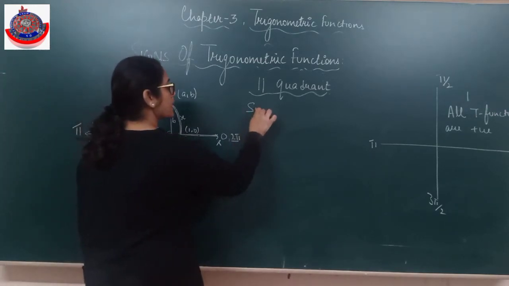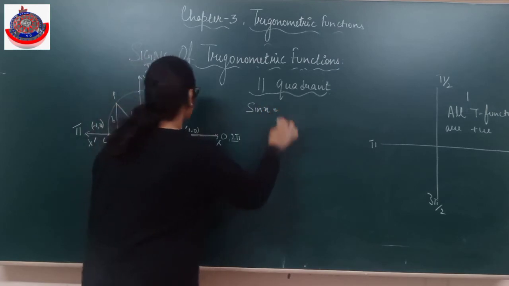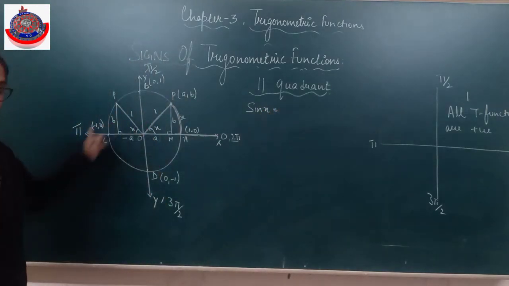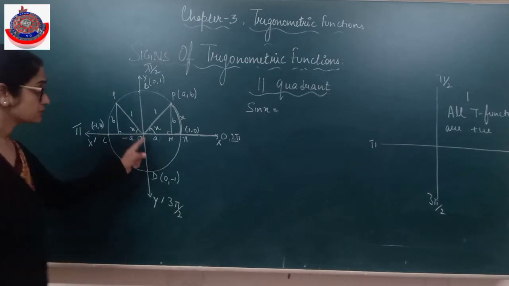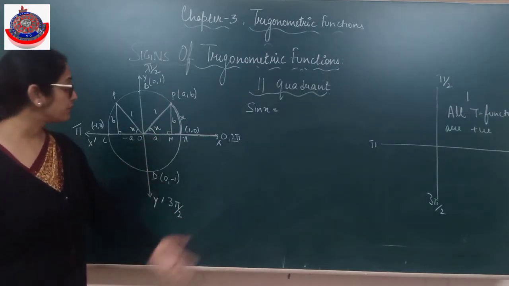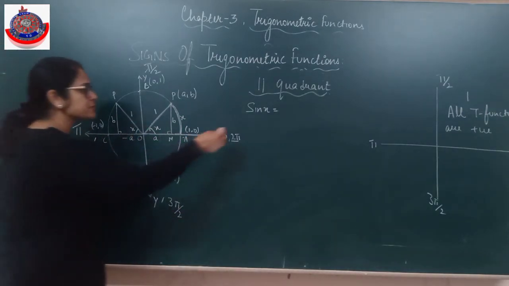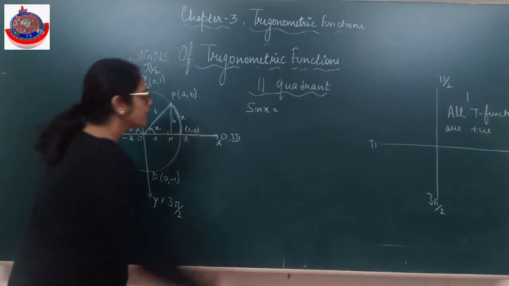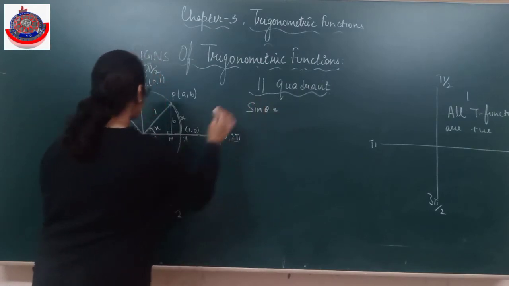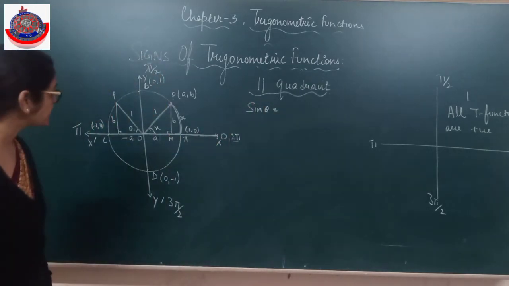Here, sine x or whatever is the angle here, I am talking about that. Now in the second quadrant, 2 quadrants I will do, rest you will be doing. Whatever is the angle, suppose the angle is here theta, whatever you want to take. Say if I take theta here, or you want to carry on with x, that's your choice.